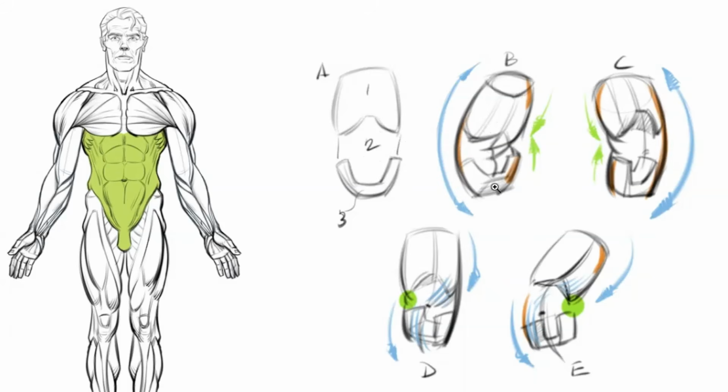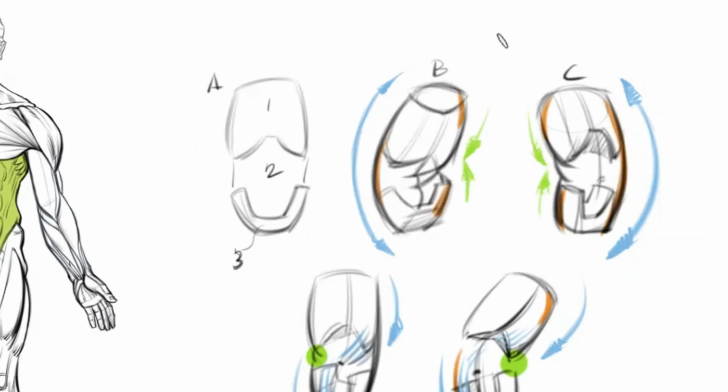In drawing D, you can see the blue arrow describes applied force, and green is contraction. This represents the letter C, a C shape, going from here to here to here, because we're contracting in the front of the abdomen.